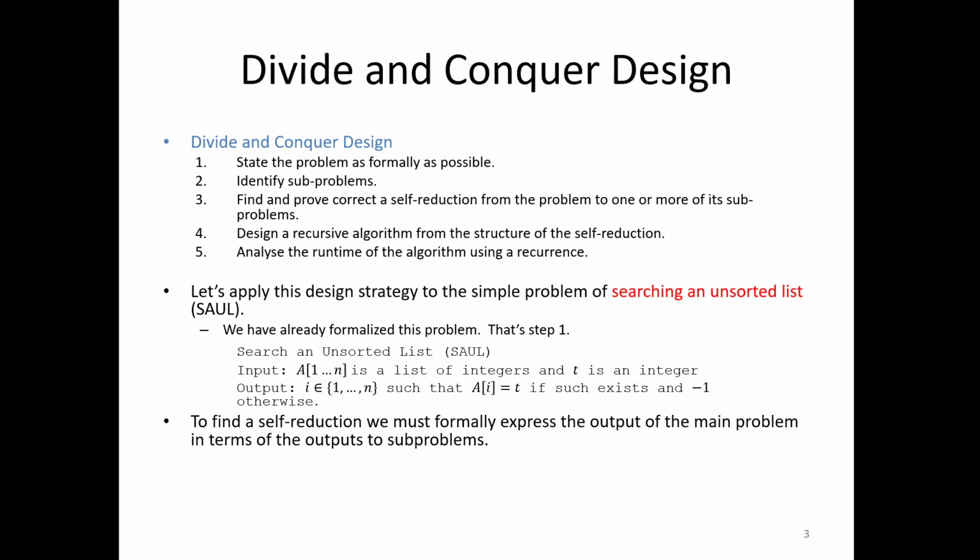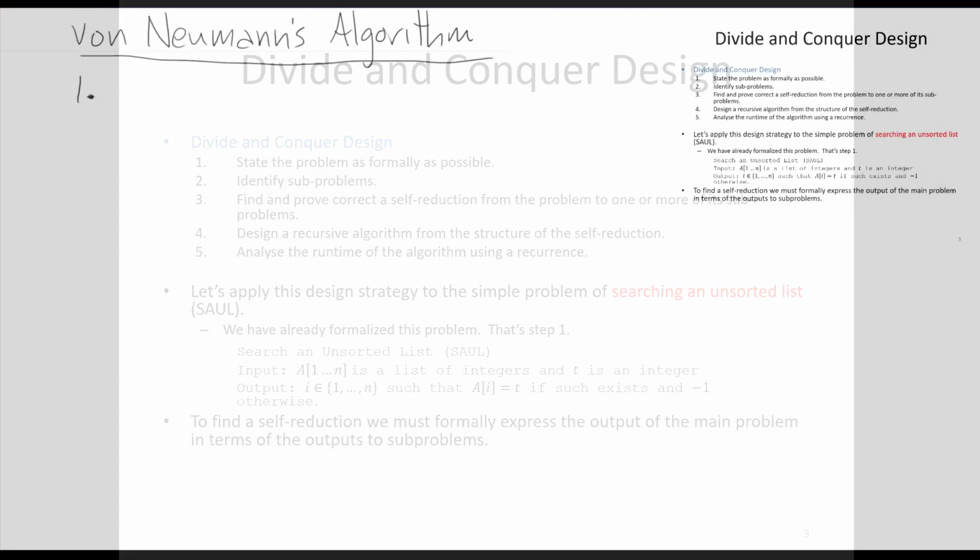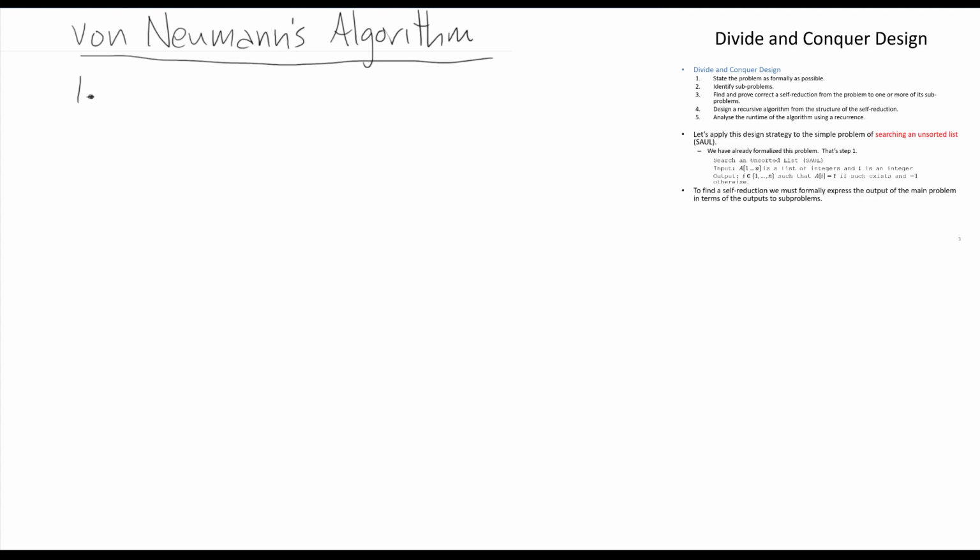So the first important step is to try and isolate the problem you're trying to solve as clearly as possible. And maybe to emphasize this, I want to bring up another algorithm that you may or may not have heard of before. This is a humorous algorithm coined by von Neumann, but it shares a similarity to our design strategy. Now, John von Neumann, whom hopefully you've encountered in your studies before, is a very important figure in computer science.